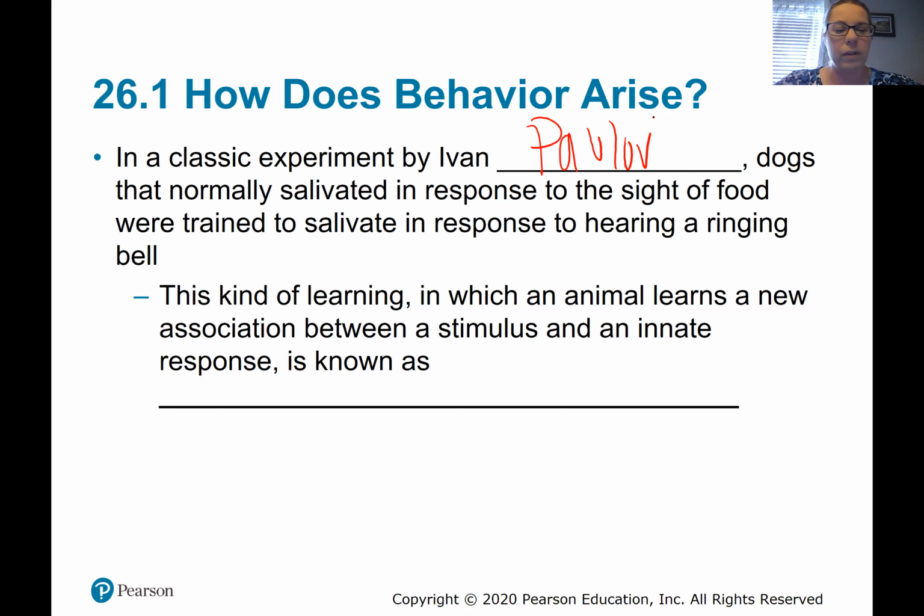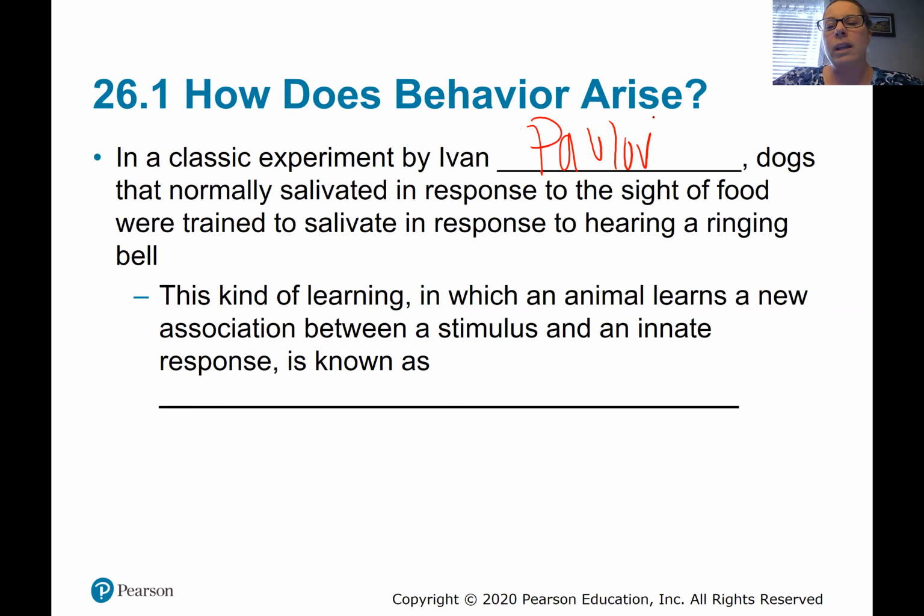If you've ever studied this before, you know that when the dogs saw their food, they'd start salivating, right? Humans do that too. When you smell food, you start to salivate. Certain hormones are triggered, and you start producing digestive enzymes from your pancreas when you smell certain foods. So that's basically an innate response. The dogs see food, and innately they start salivating.